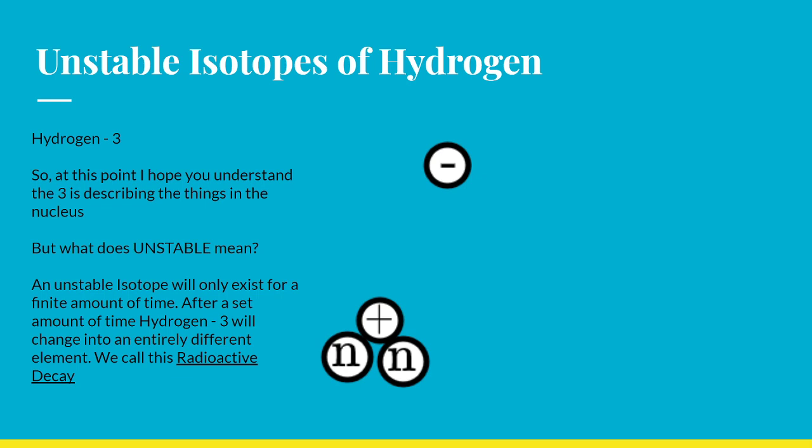After that amount of time, hydrogen 3 will actually change into a different element. We call this change radioactive decay. And all unstable isotopes of elements will undergo radioactive decay in some way, shape, or form.